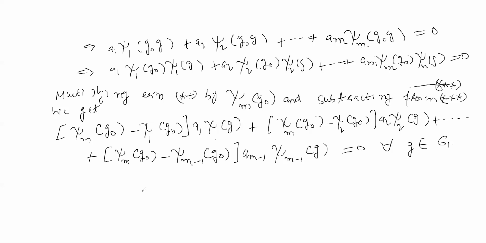Okay, so what do you get here? Here the first coefficient is non-zero because chi m of g0 is different from chi 1 of g0.